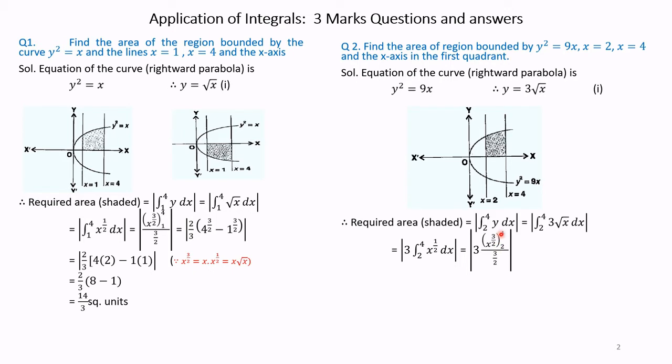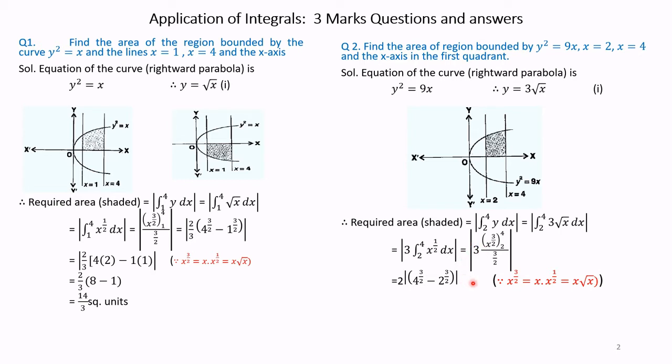The upper limit is 4 and the lower limit is 2. So we will substitute it. 3 we will take outside; the 3 in the numerator and this 3 get cancelled and 2 remains.